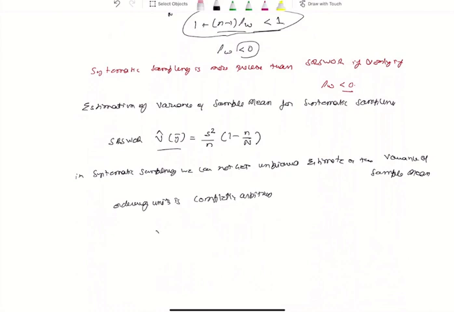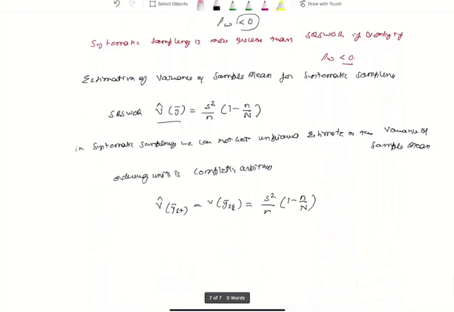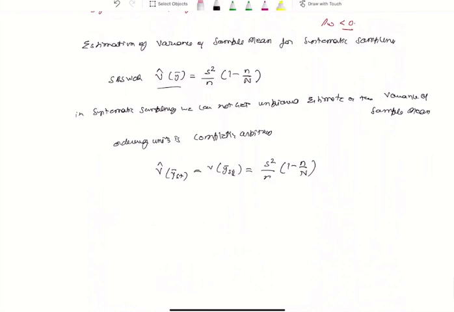Then, and only in that situation, the estimated variance v hat of y bar st is equal to small s square over n, 1 minus n upon N. And this is the same as the SRS WOR, and it will be unbiased, assuming this model is true.